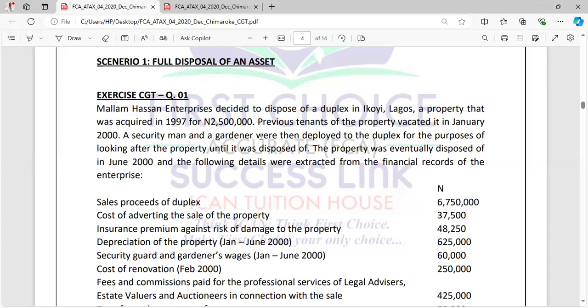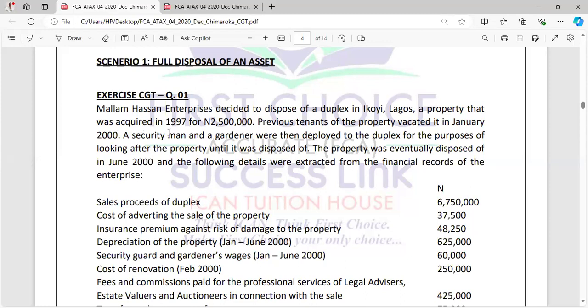Now, they said it was disposed of. So they didn't tell you here that part was disposed of. They said it was fully disposed. All right. Previous tenants of the property vacated it in January 2000. So it was vacated in January 2000, right?